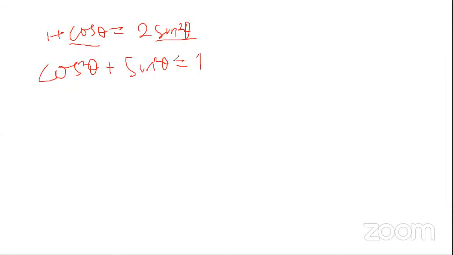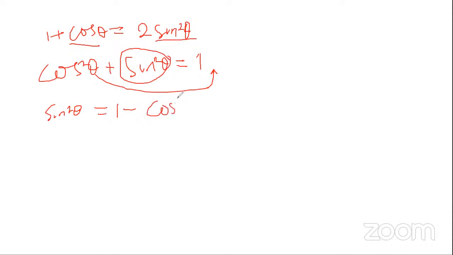Here we can easily remain with the sine squared on one side, and the cos squared moves to the opposite side, such that now our sine squared is equal to 1 minus cos squared.